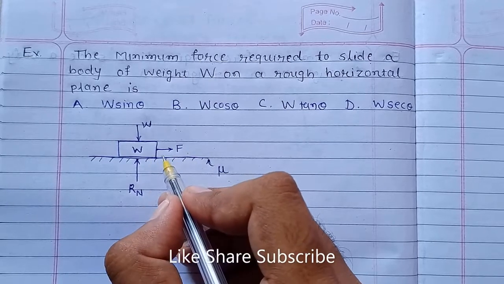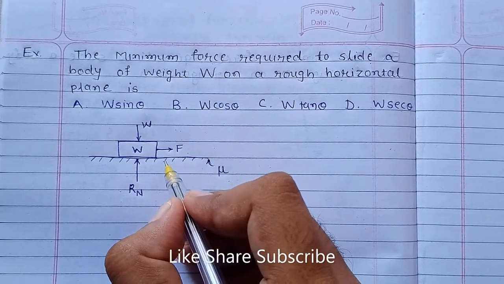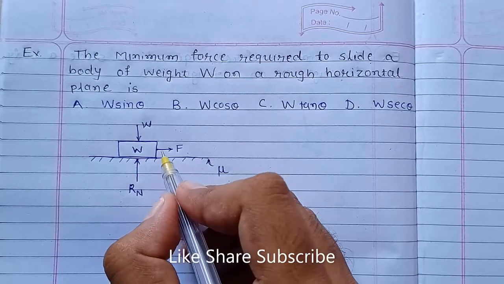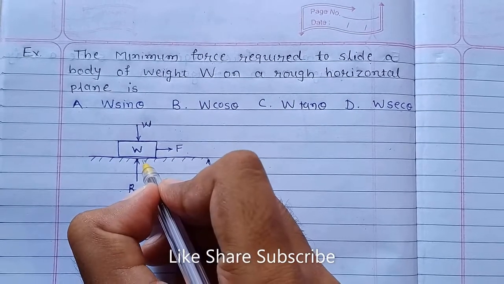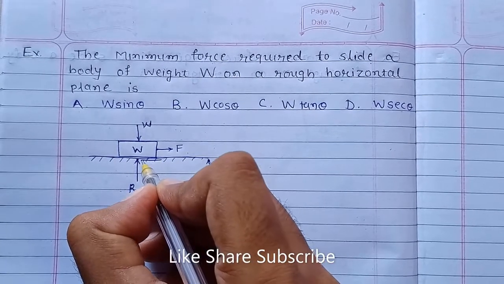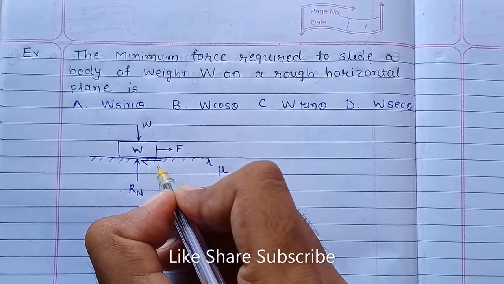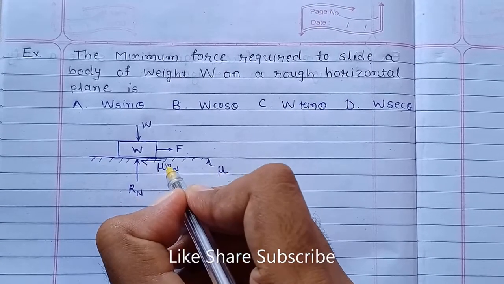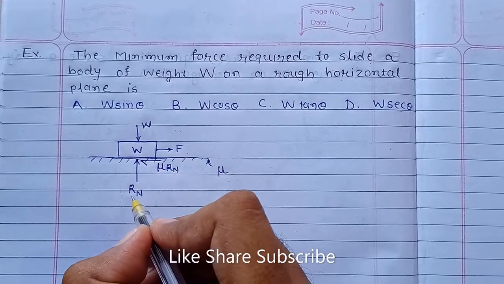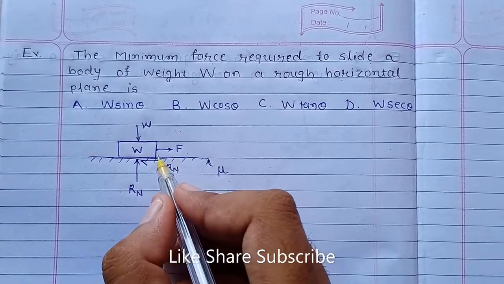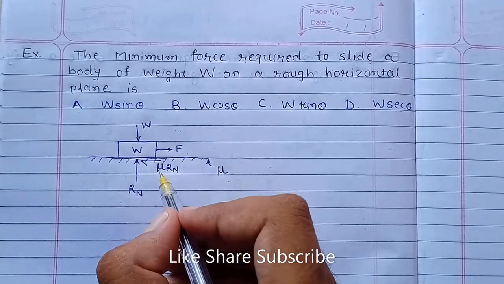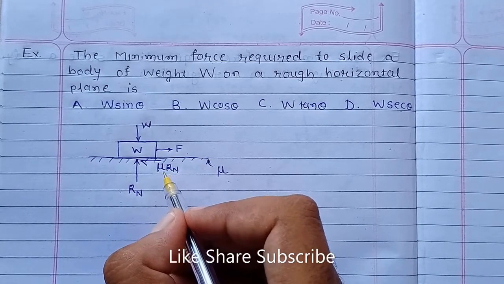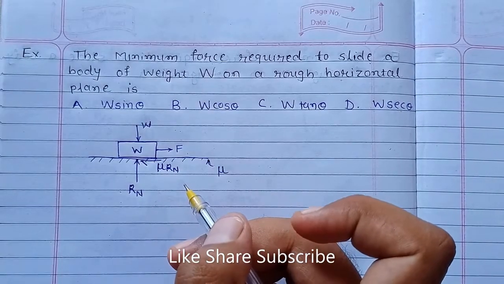The frictional force due to the rough surface will oppose the movement of the body. If our normal force is Rn, then the frictional force which will oppose the movement will be mu times Rn.